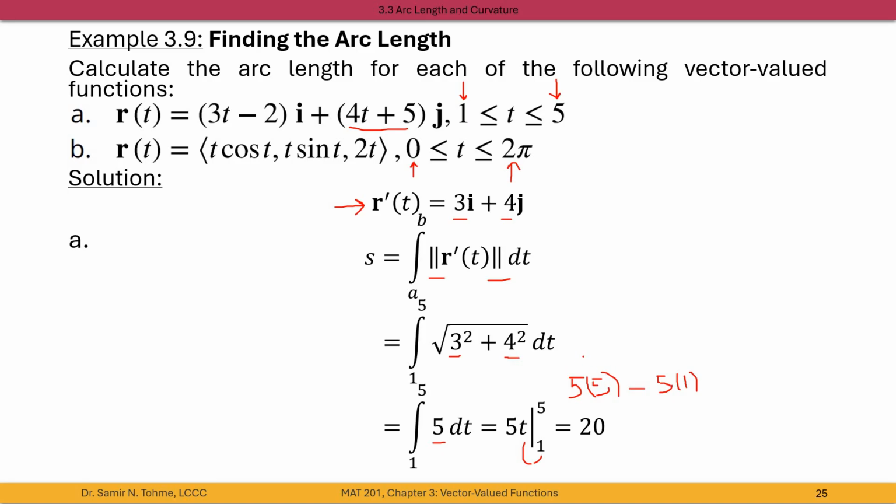So 5 times 5 is 25, minus 5, which is 20. This is the length of the arc for this function between 1 and 5.